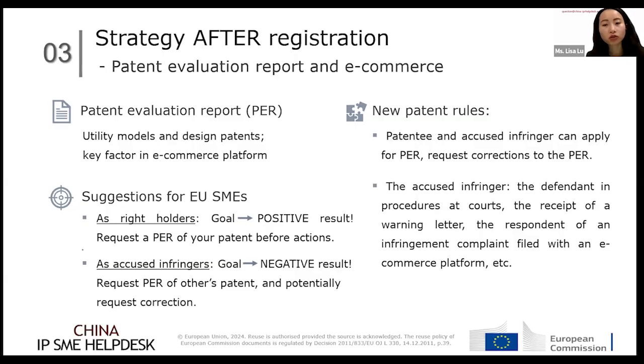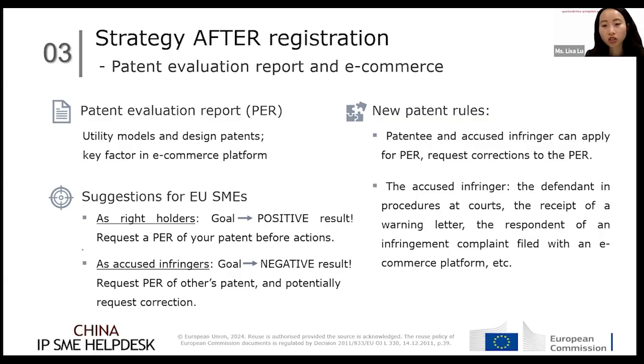And the new patent rules state that the patentee and the accused infringer can apply for patent evaluation reports. And furthermore, if any party disagrees with the results of the report, they can ask for a correction application. So the reports will give a positive or negative result regarding the status and the stability of, let's say, an industrial design, which is an example.